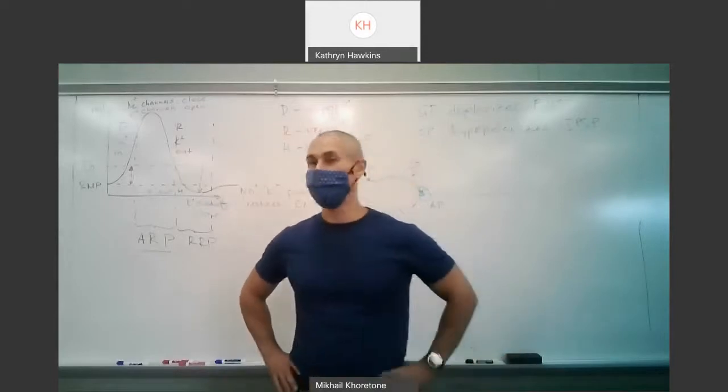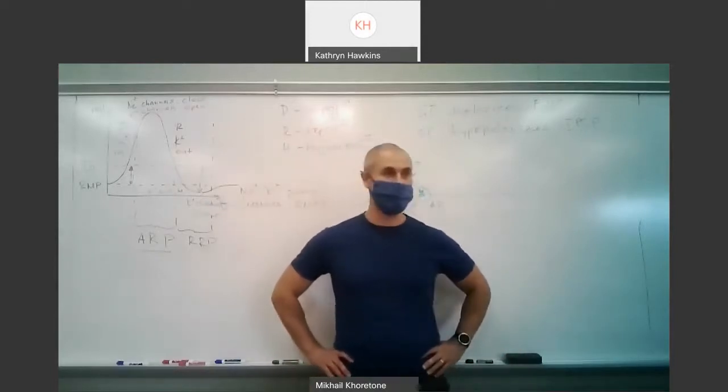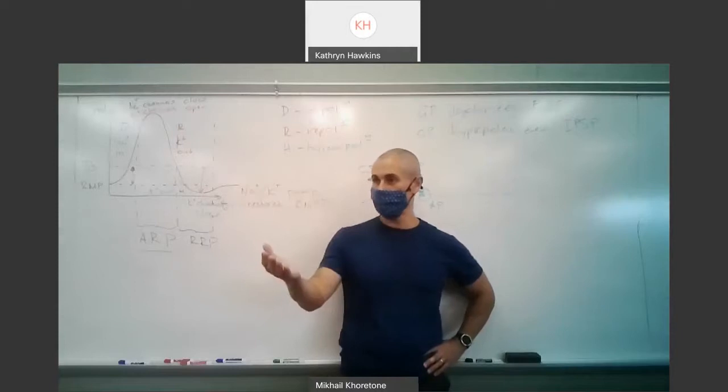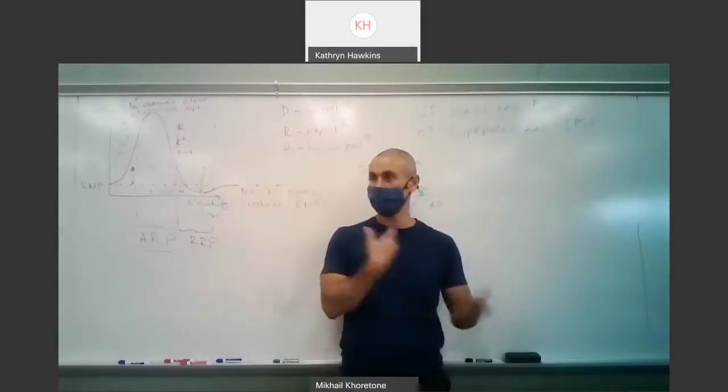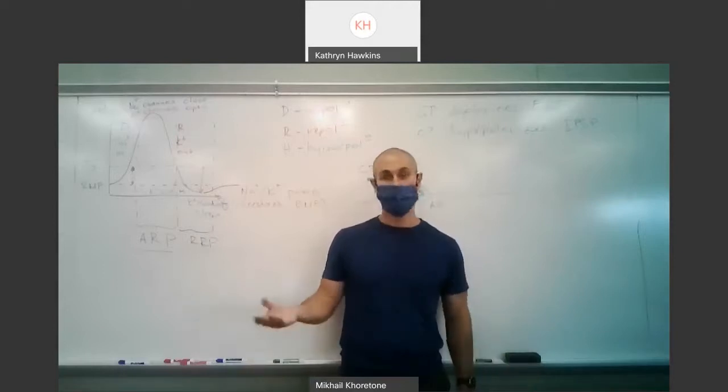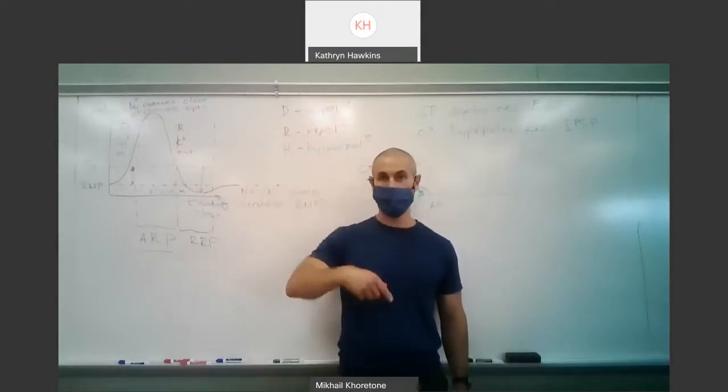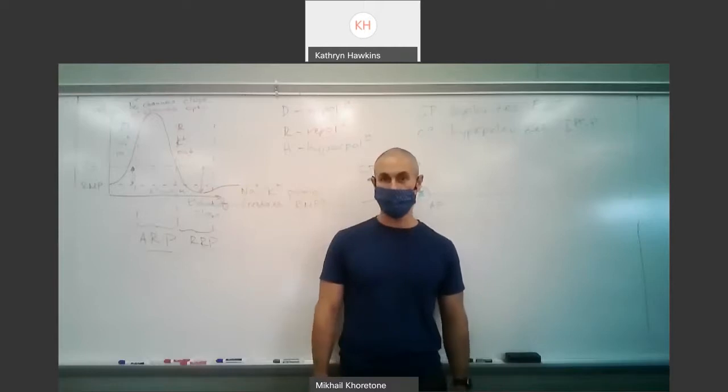Again, you're nailing it. Potassium and chloride. If potassium flows out, it's positively charged. Positive charges are leaving the cell, so it becomes more negative. Chloride flows in, making the cell more negative as well. Make sense? Good?